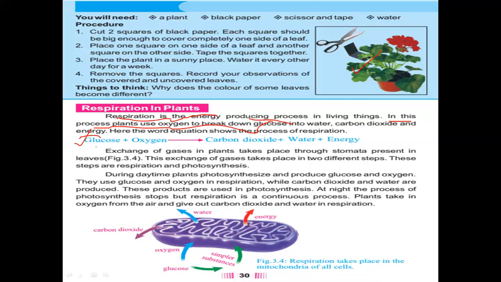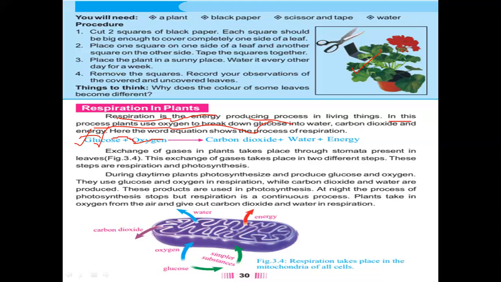In the plants, the glucose is formed by the process of photosynthesis. And when they respire, they take oxygen inside the body through stomata.